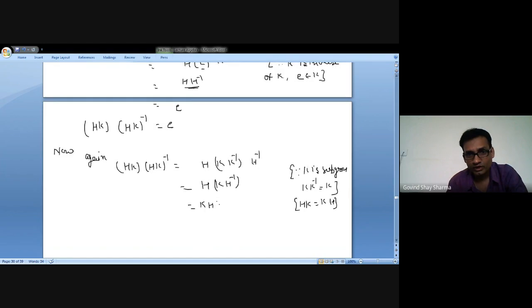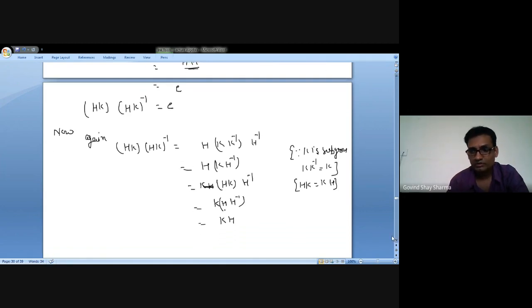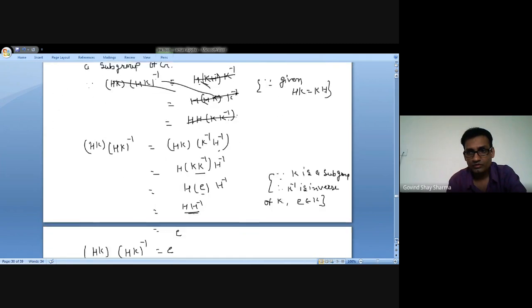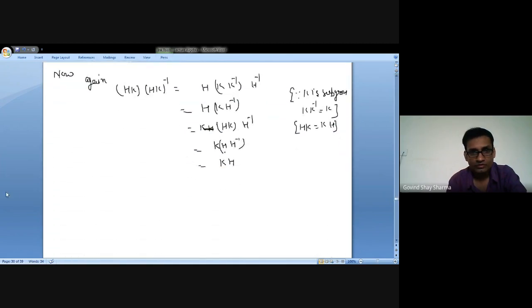So we can write HKH inverse as KH H inverse, or this becomes KH. So here we find HK is a subgroup of G.